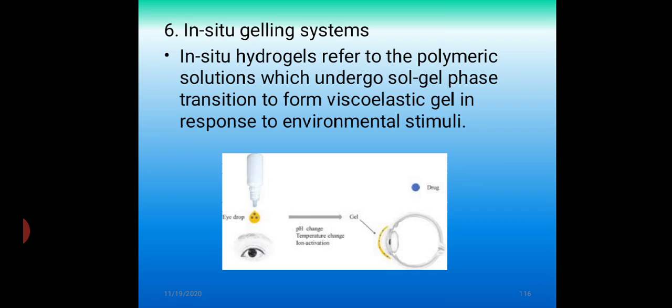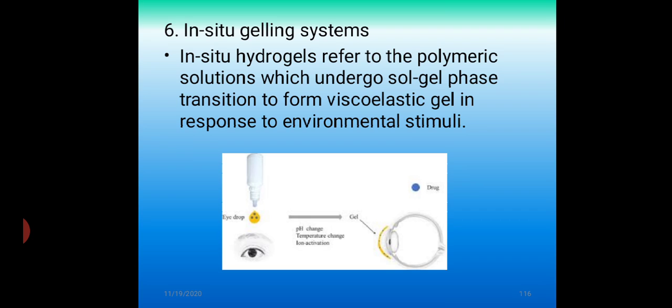But once administered into the ocular cavity, based upon certain characteristics of the polymer and characteristics of the ocular cavity, this solution will be immediately converted into a gel-like consistency. While administering, it is a solution only, but after reaching the ocular cavity, it converts to the gel form. So we call it in situ gel formation or gelling systems.